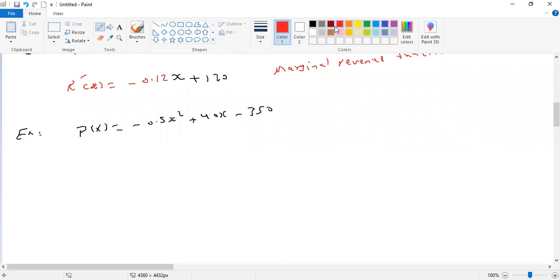Again, the P prime, the derivative, is the marginal profit, which is negative x, because 2 times half is 1, plus the derivative of 40x, which is 40.